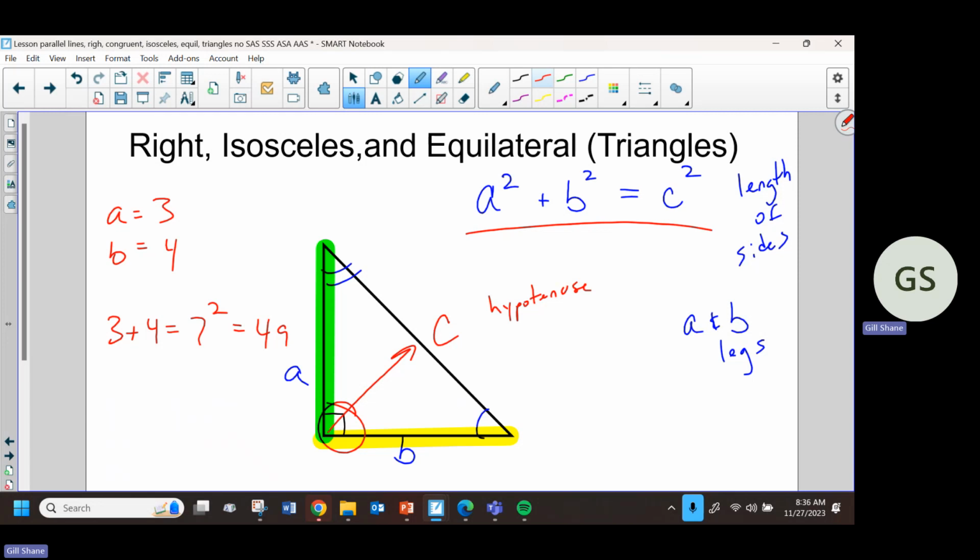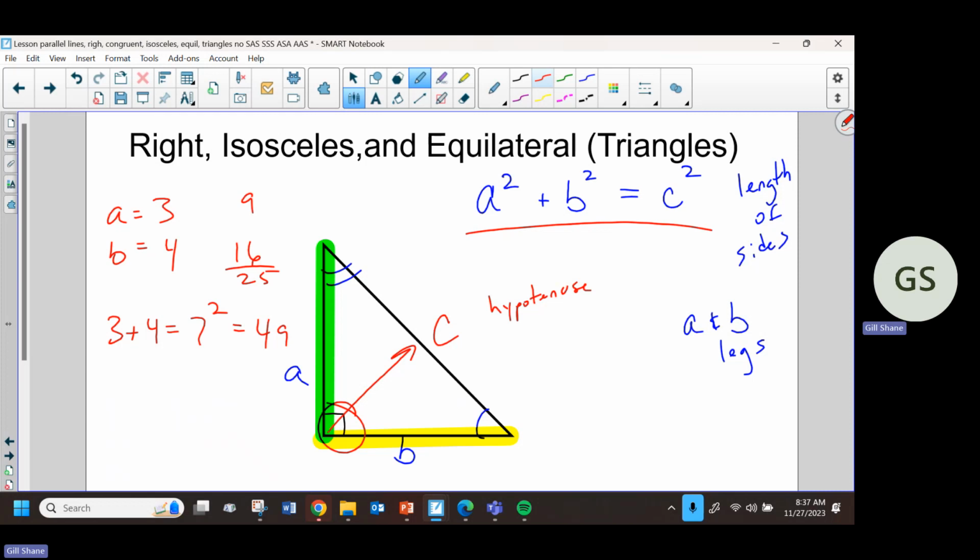It doesn't work like that. I would square them first. So 3 squared is 9, and 4 squared is 16. As you can see, 49 is not even close. Do not add the A and the B together and then square that number. You have to square the A, square the B, and then the C is by itself.